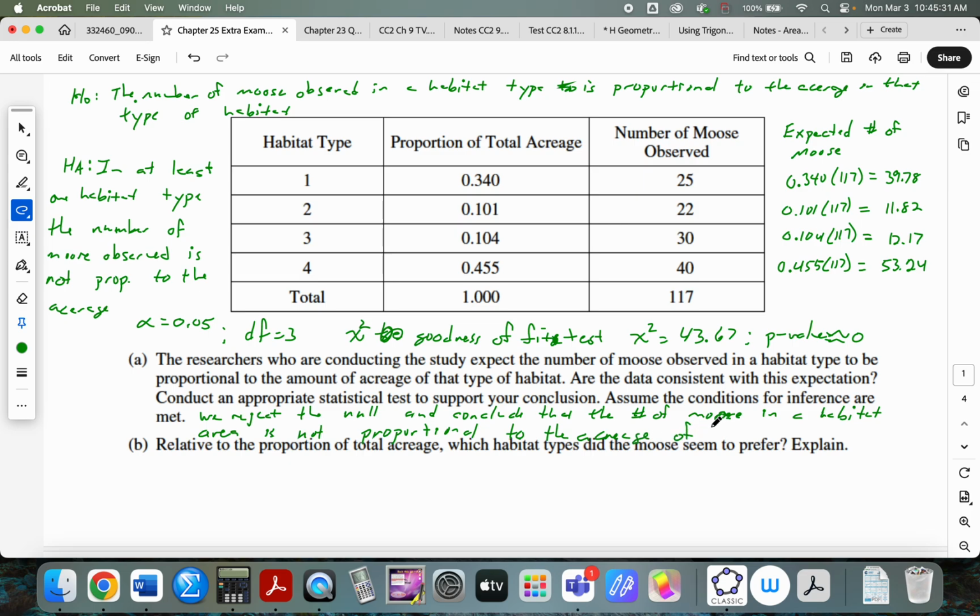Could you also just say we reject the null and conclude, and then just copy and paste the alternate, at least one? Yeah, you could. For this problem, do we now need to say that we found convincing evidence to conclude? You don't have to. I usually do that when they say, "Is there convincing evidence?" I usually parrot what they say.